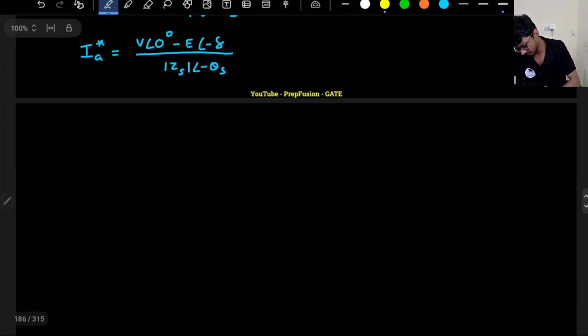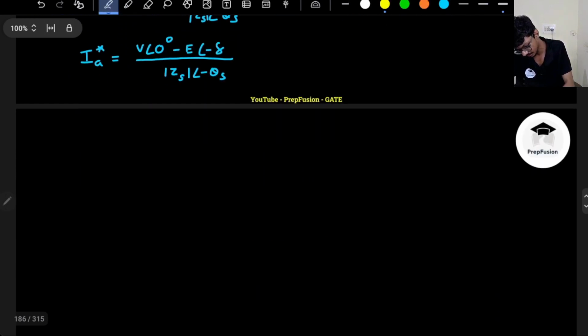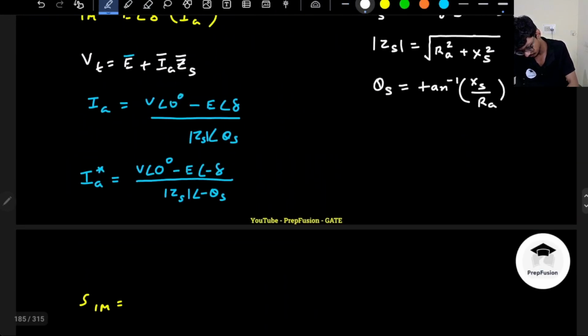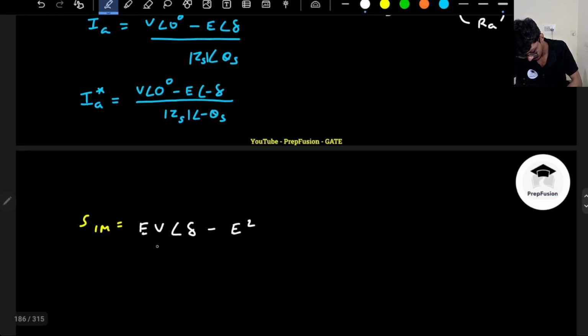Now I can derive the values. I will replace my I_A conjugate here. From here I will get the apparent power for the motor, E∠δ multiplied with this. It will be EV∠δ minus E squared, since δ and −δ get cancelled. I am just simplifying the calculation, divided by the magnitude of Z_S ∠−θ_s.